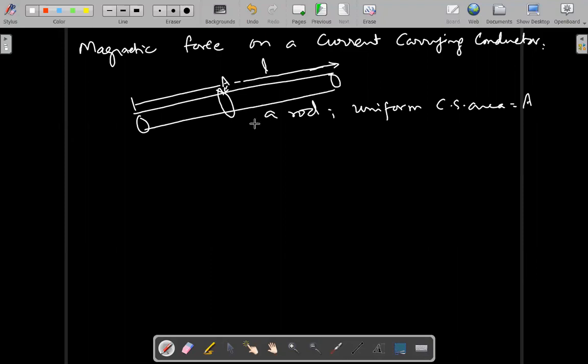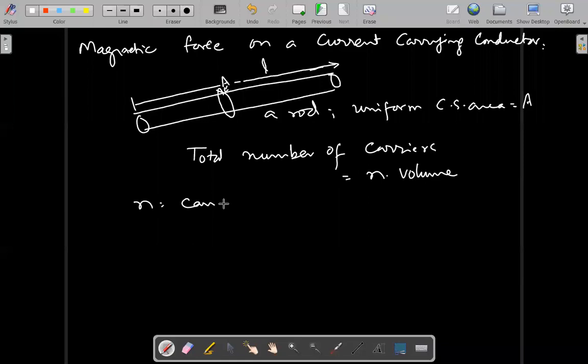We want to find out the total number of carriers, which is equal to n into the volume. n is carriers per unit volume, that means electrons per unit volume or positive charges per unit volume. Therefore, this is n into volume, that's nothing but n into A into L. These are the total number of carriers.